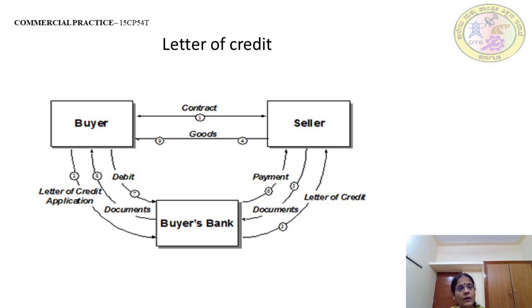And thus what the bank does is, he will collect all the documents from the seller on behalf of the buyer and give them to the buyer along with the letter.